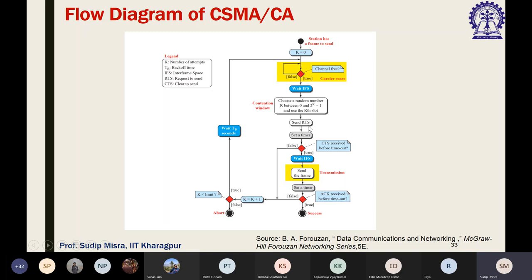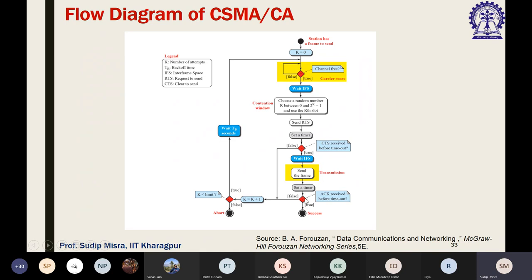Only after the receiver says it is clear to send, so for every RTS the receiver has to send a CTS back, then the frame from the sender is going to be sent, after waiting for another IFS duration, which is the SIFS, the short IFS. So this earlier IFS was DIFS, and this one is SIFS. It waits for the SIFS duration and then sends the frame.